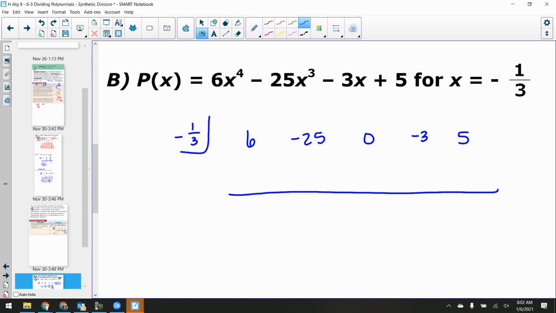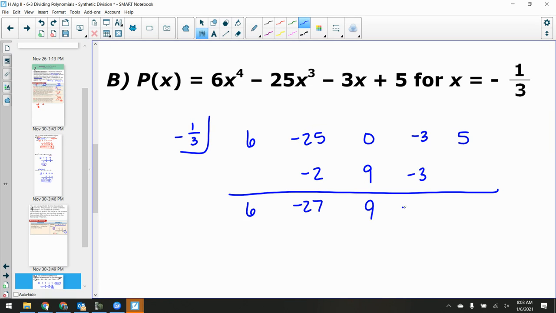Everything's accounted for. And I run synthetic substitution, synthetic division. Drop it down. Remember that multiplying by 1/3 is the same thing as dividing by 3. So 6 divided by 3 is 2, and we got to make it negative. 27 divided by 3 is 9. Negatives cancel. 9 divided by 3 is 3.